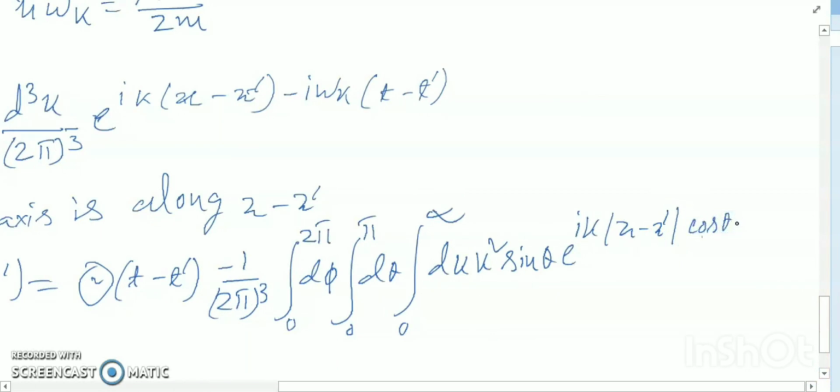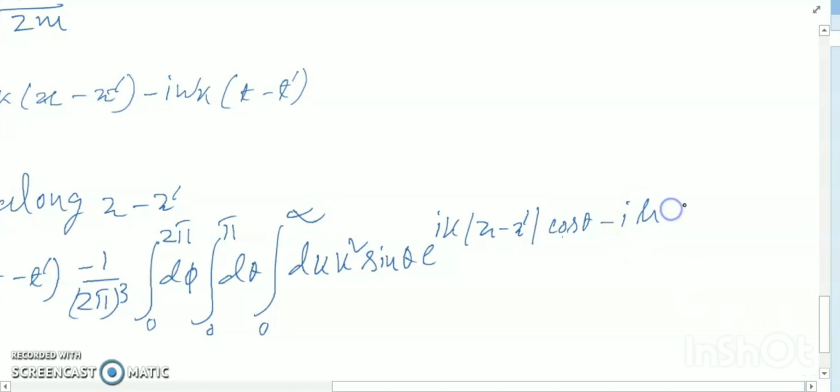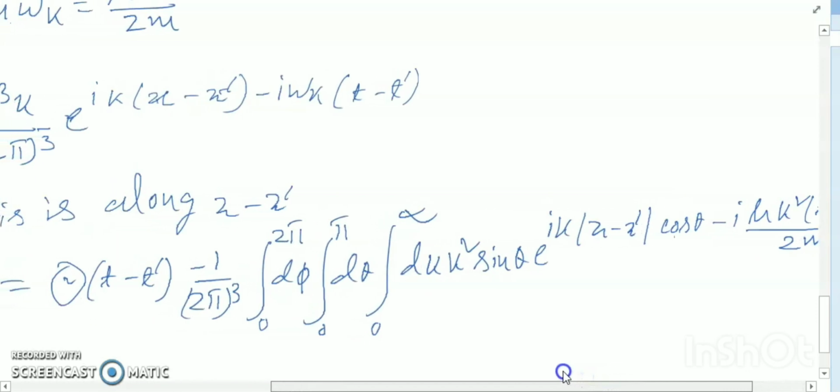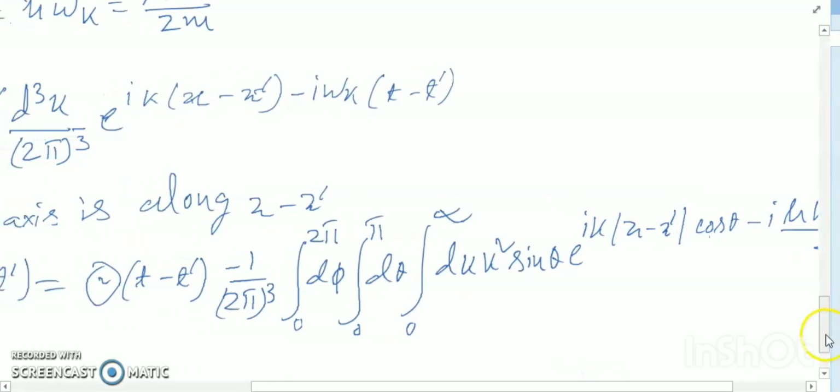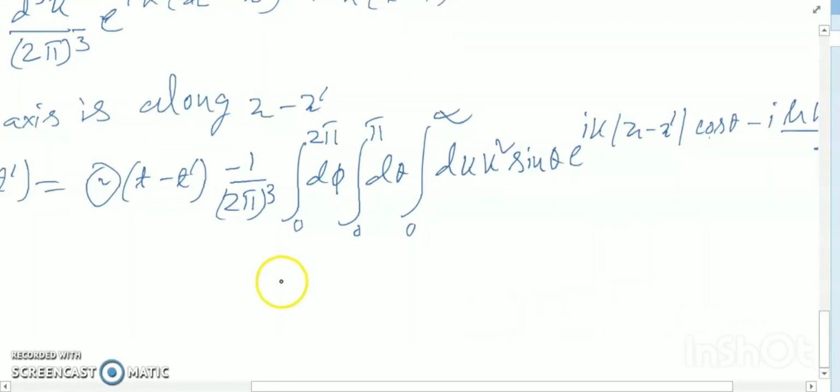Okay, so h k square minus i h k square (t minus t dash) divided by 2m. Okay, so friends, now we can get the value.